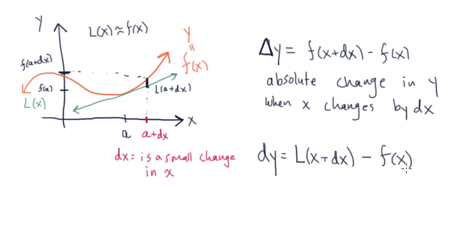So notice the only difference is instead of using the actual function value when x changes by dx, we're actually just looking along the linearization, or the tangent line. So this is the approximation, sometimes called the linear, just to specify that we're using the linearization. So this is the linear approximation to the absolute change.